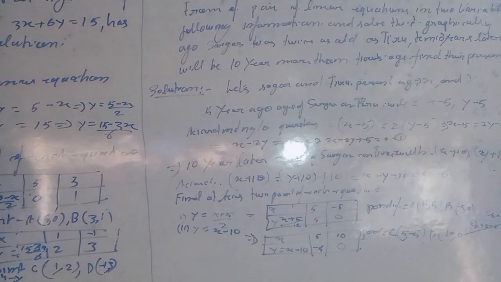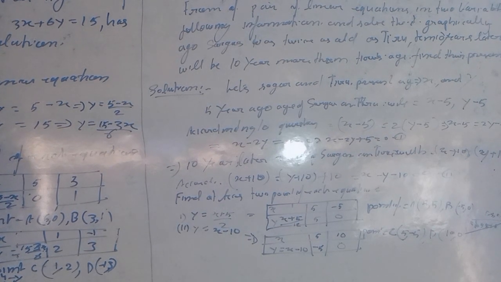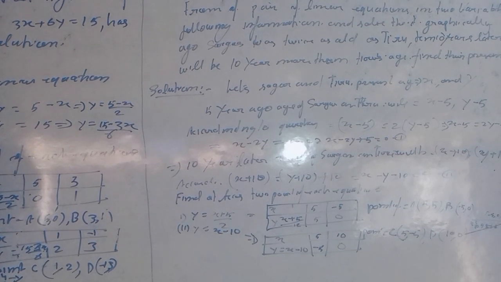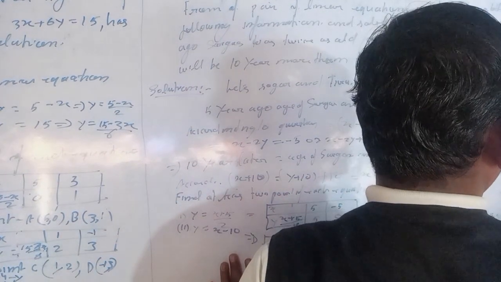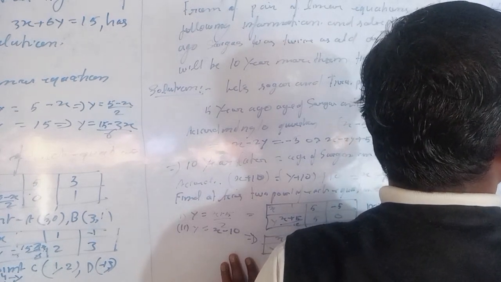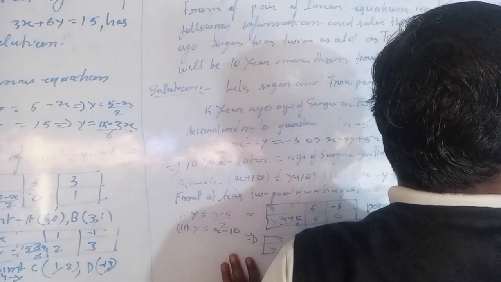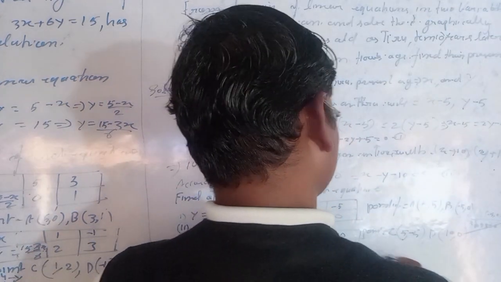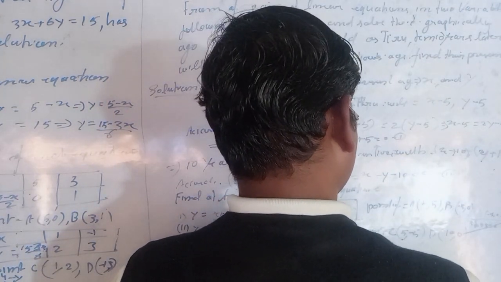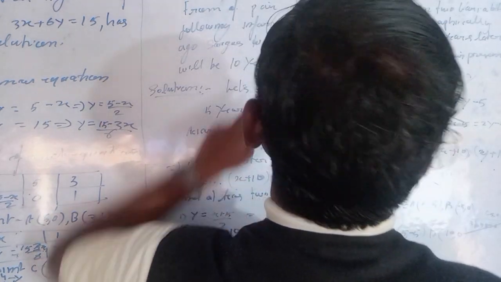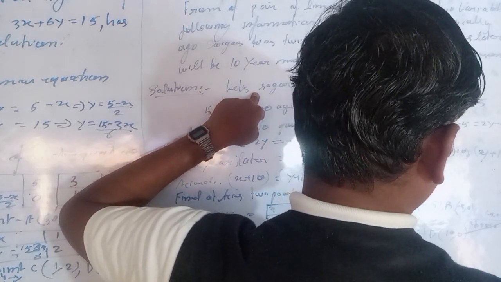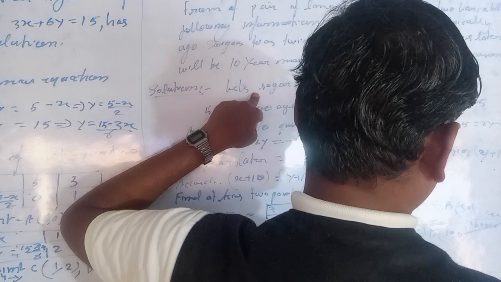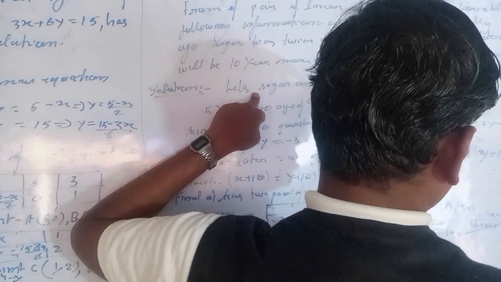So we can say that Tiru's age is 15 years and Sagar's age is 25 years. Okay, so that is where the lines cut at a point. We will make here the ages: Sagar is 25, Tiru's age is 15.